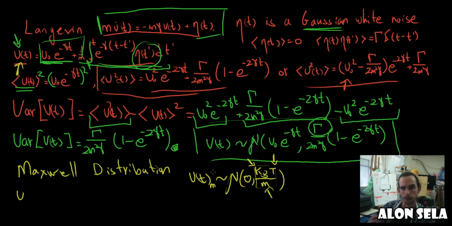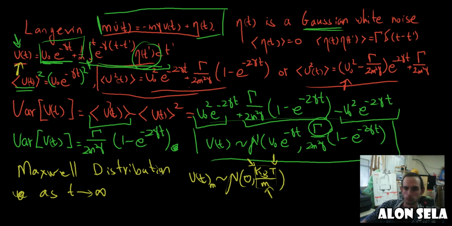After enough time has passed, we want the distribution for the velocity given by the Langevin stochastic differential equation to converge to the Maxwell distribution. Meaning we want that as t becomes very large, we get the statistical properties of the Maxwell distribution.